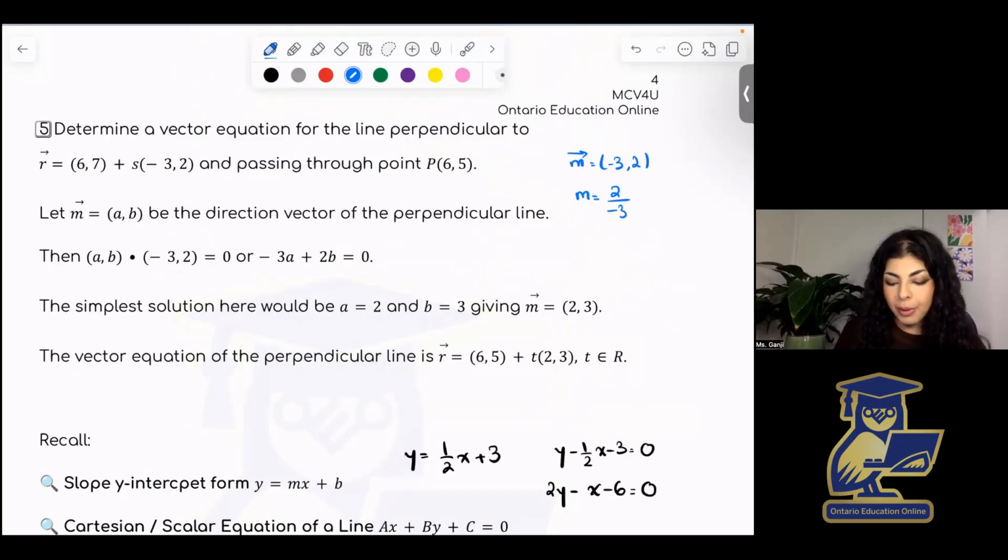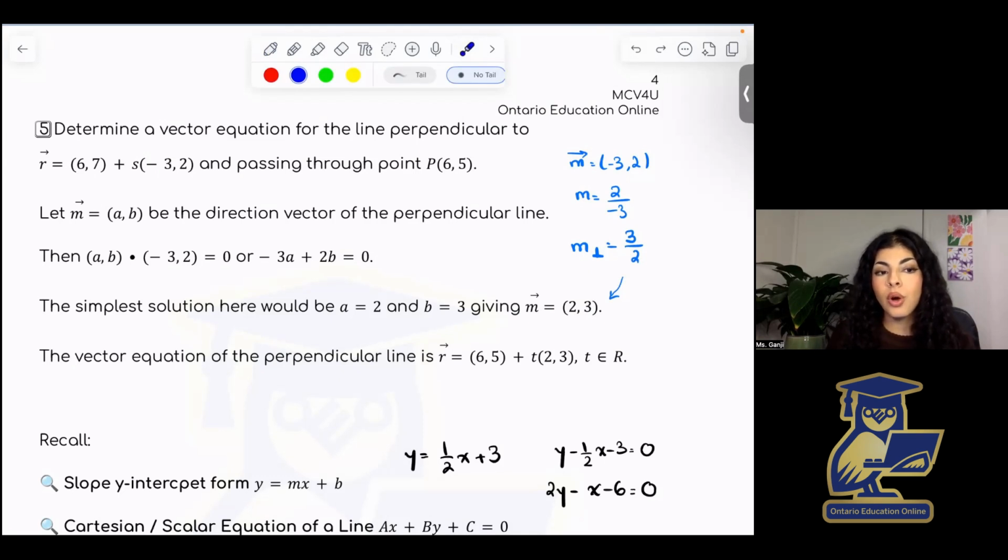Now, if you remember, the perpendicular slope is the negative reciprocal, so it's 3 over 2. But this is exactly y over x of the direction vector that we found here. So both from the dot product and based on what we know about perpendicular slopes, we were able to get that (2, 3) value.